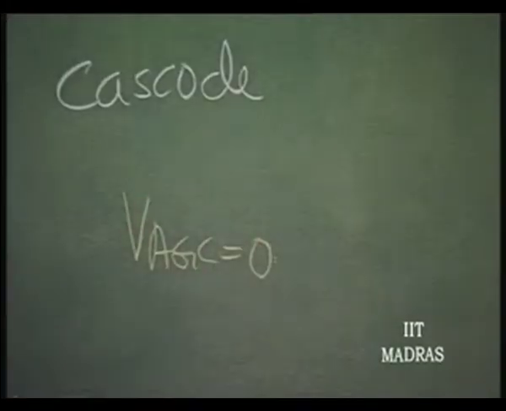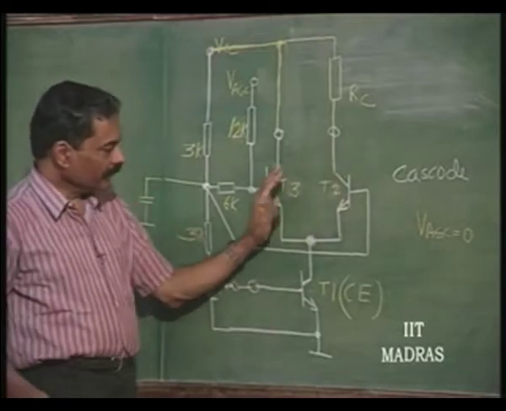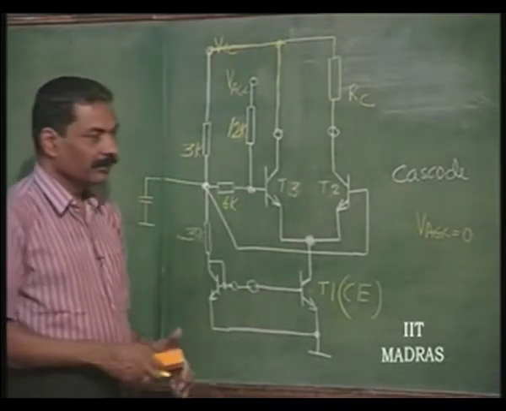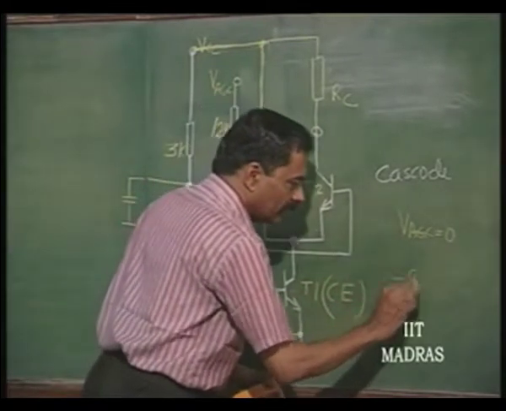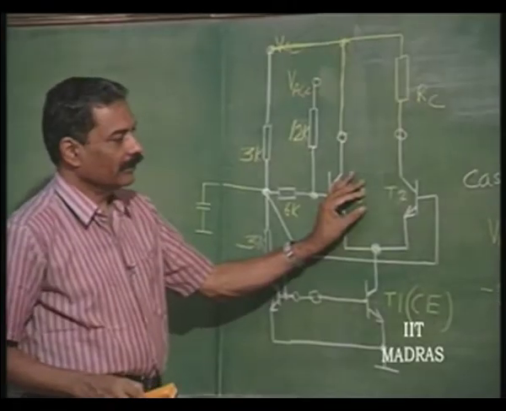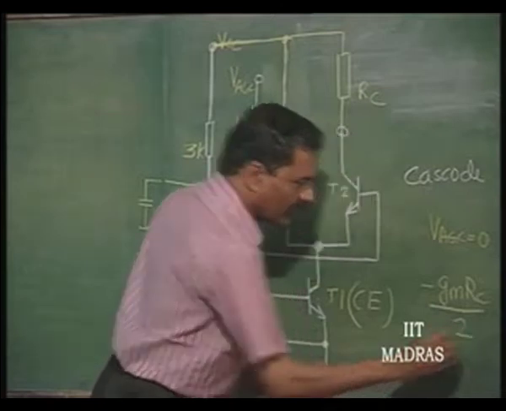Current is going to be halved, that means the gain is halved. Okay. Without this transistor the gain would have been GM into RC. So, minus GM into RC is the gain without the transistor, right. With VAGC equal to 0, the gain is going to be halved.